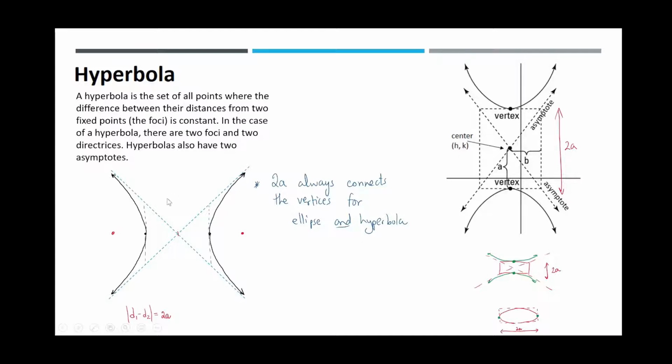If you were to draw a vertical line through the vertex on both sides, and then wherever it touches the asymptotes, you can finish off the box like so. Then the sizing of the box would be as follows: from the center to the vertex, that's A, and the other size is size B. And so the box is size 2A by 2B, very similar to how the ellipse was.